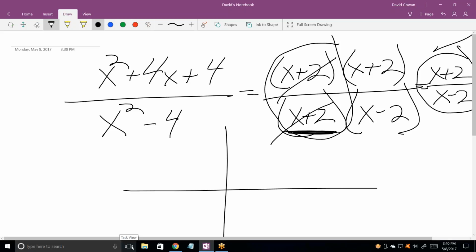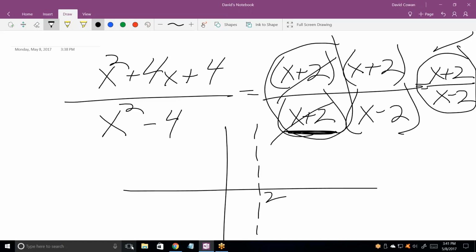Okay? So if I was going to graph that equation, far right, I would see a vertical asymptote at x equals 2, right? Where's the horizontal asymptote? Take the highest power of the variable in the numerator, the highest power of the variable in the denominator.